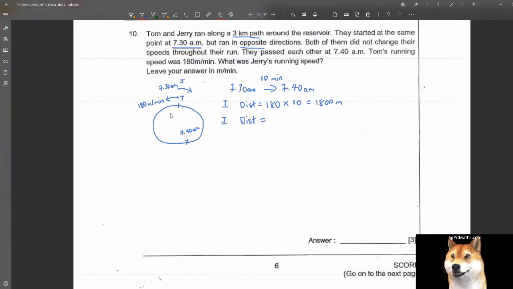The whole thing is 3 kilometers or 3,000. That means this will be the distance traveled by Jerry. 3 kilometers minus 1,800 gives you 1,200 meters. Then for speed, Jerry also traveled the same amount of time, which is 10 minutes. So speed equals distance divided by time. Distance 1,200 divided by time, which is 10. This gives us 120 meters per minute. And that's the answer.